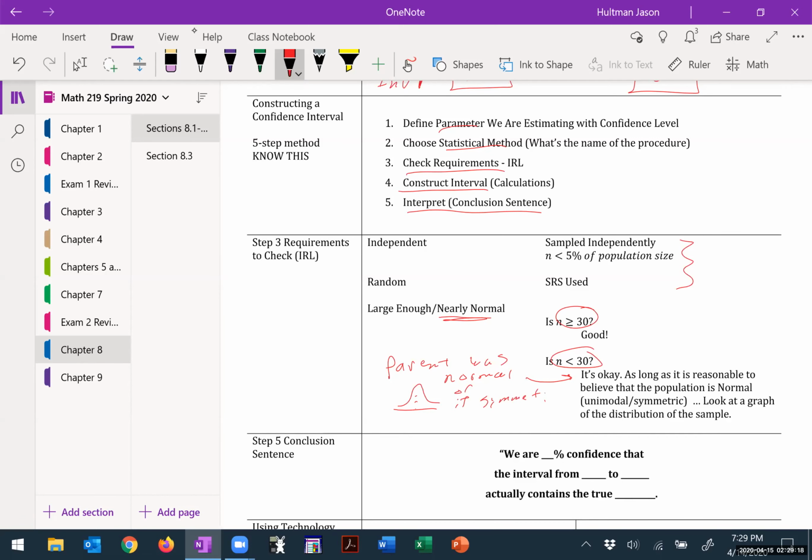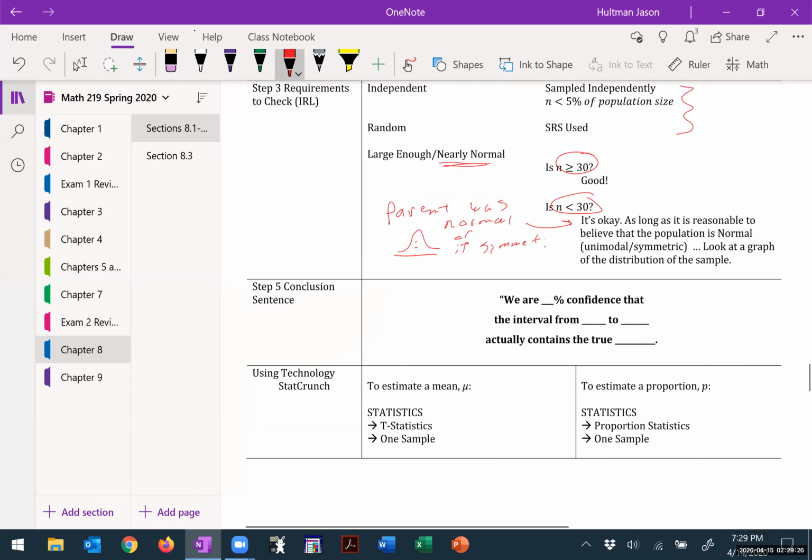We can't use skewed distributions with fewer than 30 data points. It's just not going to happen. But again, I'm really not going to give you a problem where you stop here, because no math would be done.